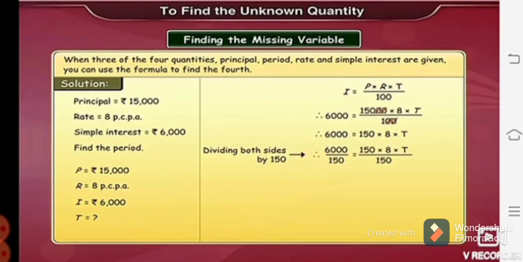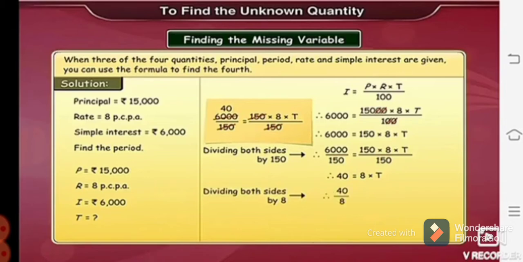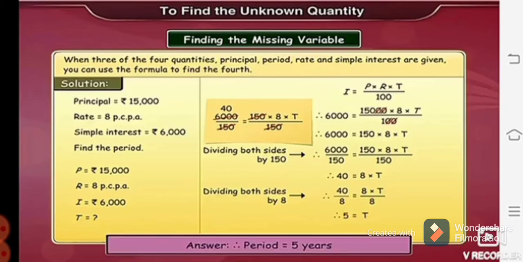Dividing both sides by 150, we get the answer. Therefore 40 is equal to 8 into T. Dividing by 8 on both sides, we get the value of T, that is, therefore 5 is equal to T, and the answer is period is equal to 5 years.